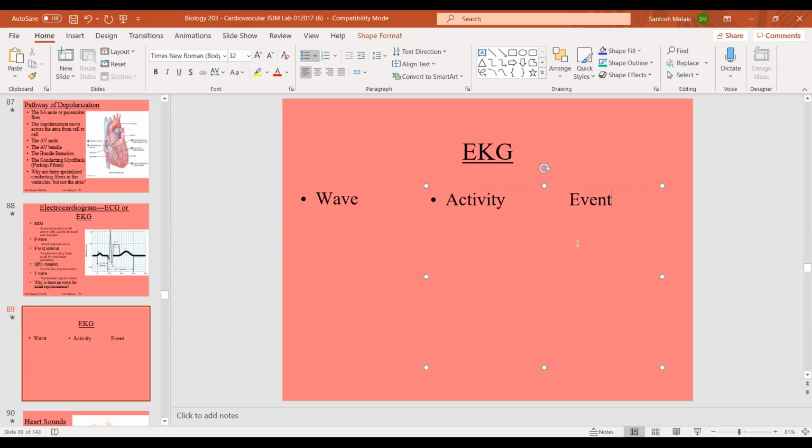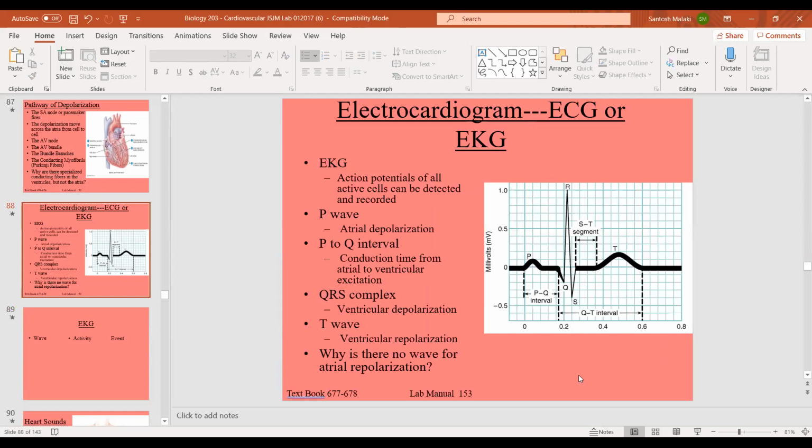Now, the heart during depolarization will contract and will relax during repolarization. So always remember R for R. Repolarization means relax. Depolarization means contract. So let's go back to our EKG and ask ourselves. A typical EKG shows three sets of waves. The first wave, as you can see here, is called the P wave.